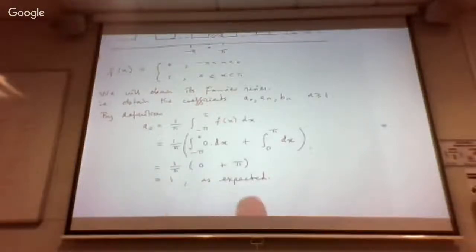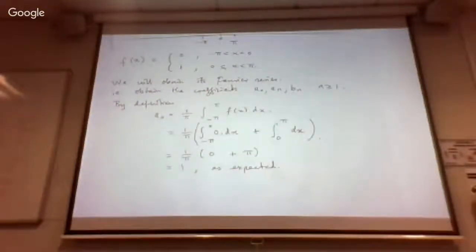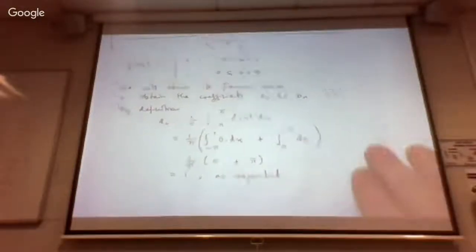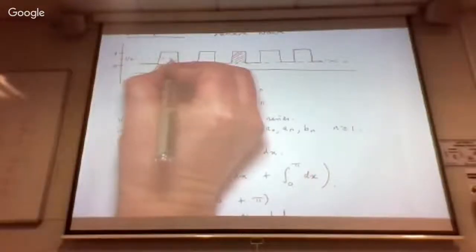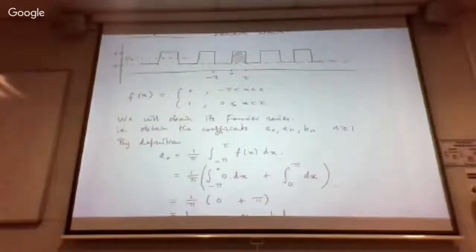It's expected because we looked ahead and saw a half was the initial constant term. That is the fairest value you would choose as a single value to approximate the function.